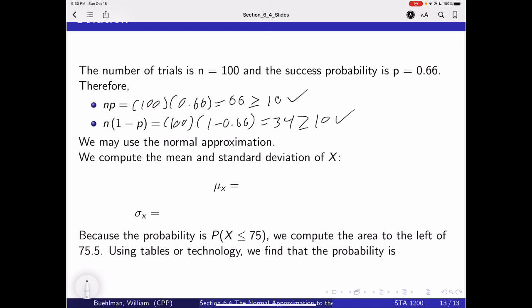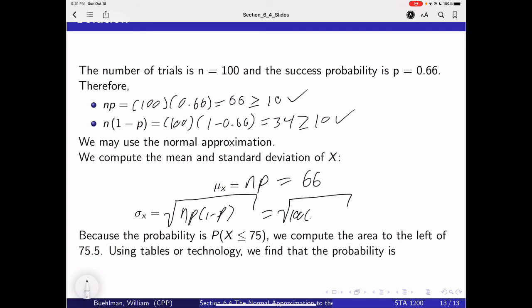First we have to compute the mean, which is n times p, which we already figured out is 66. The standard deviation is the square root of n times p times 1 minus p, which is equal to the square root of 100 times 0.66 times 0.34, that's 1 minus p, which is equal to 4.73709.